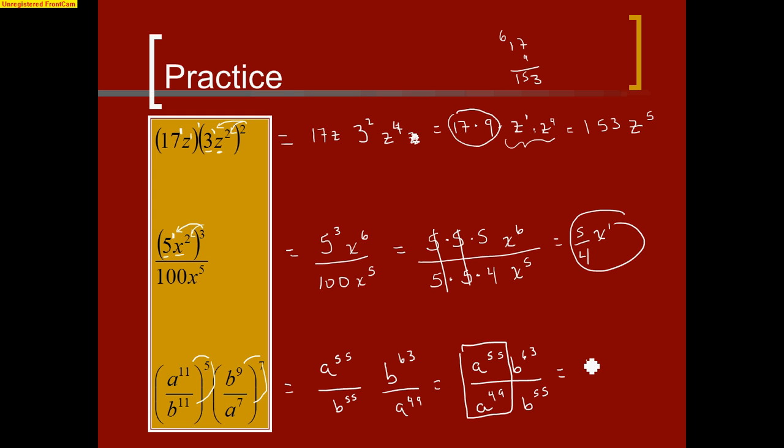Write the base once and subtract. What is 55 minus 49? Another one, see the same base twice with division in between, write the base once and subtract. 63 minus 55. And there you go.